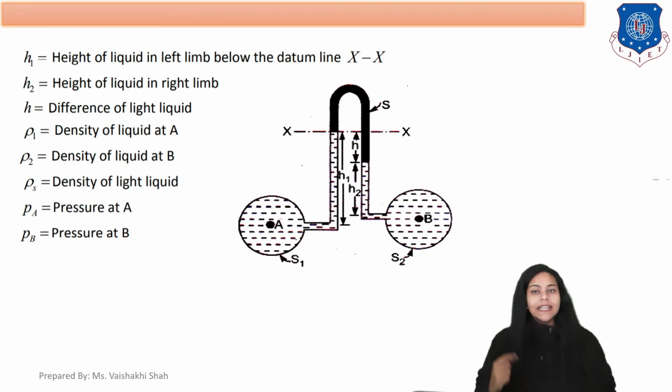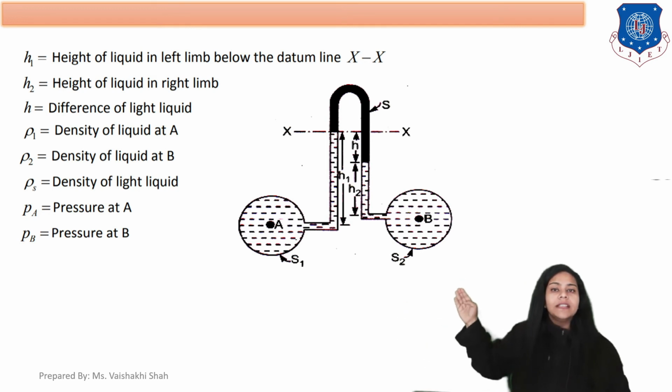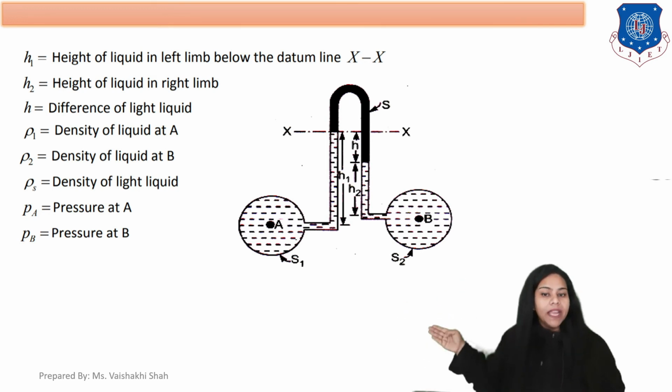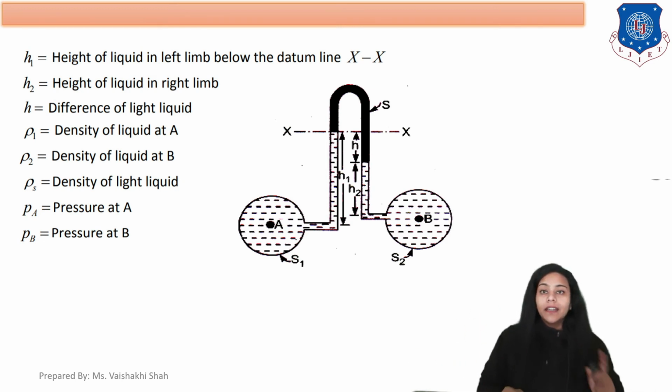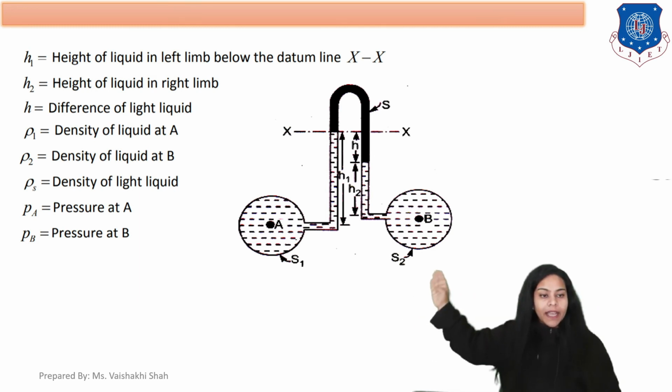Rho 1 is the density of liquid at point A. Rho 2 is the density of fluid at point B, and rho S is the density of the light liquid or manometric liquid. PA is the pressure at point A, and PB is the pressure at point B.